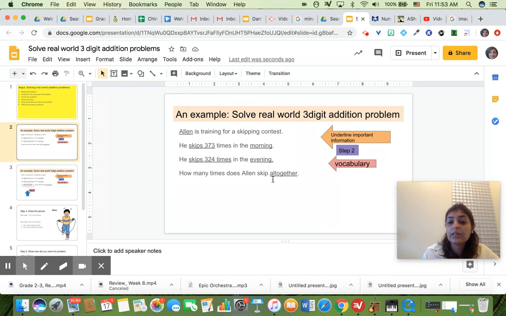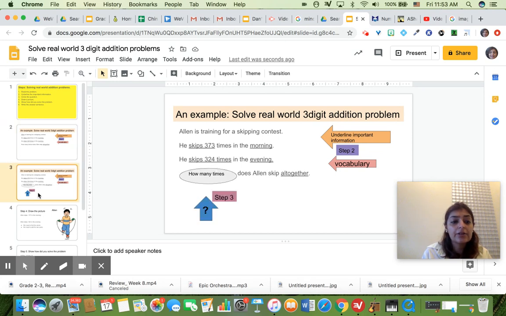And I've also underlined the word altogether because I know this is an important word. It tells me that I need to find out how many times he did in all, or bringing everything together. How many times did he skip in the morning, and if he skipped 324 times in the evening, you are to bring it all together.